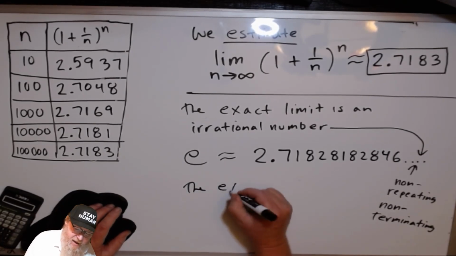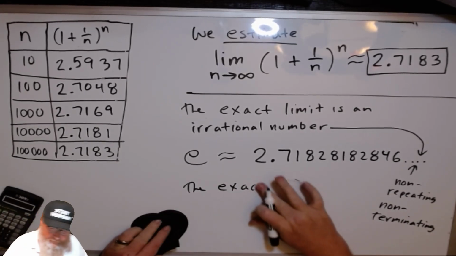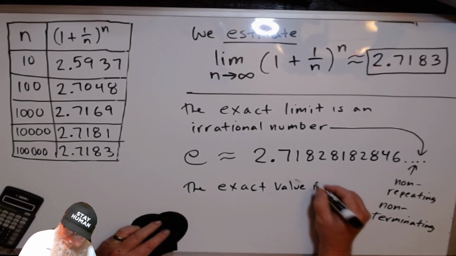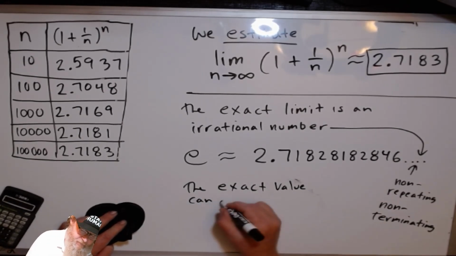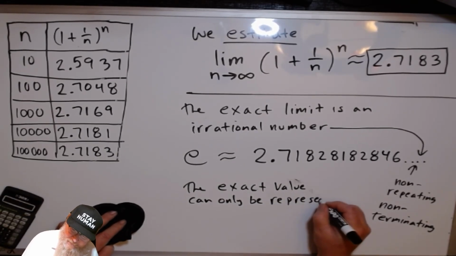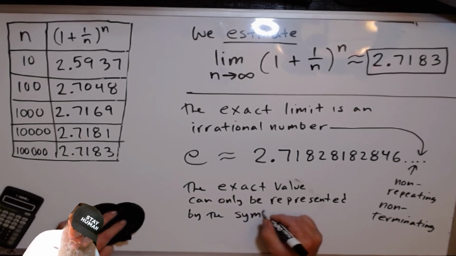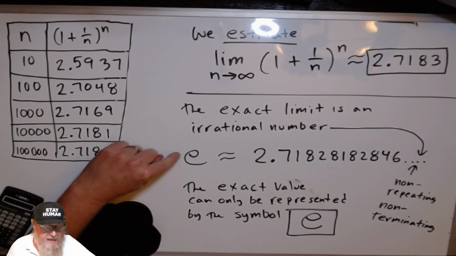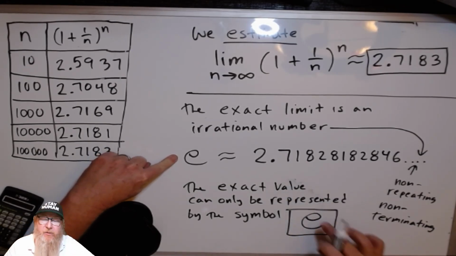The exact value can only be represented by the symbol e. So when I say e, the symbol e, that is the exact value of this limit.